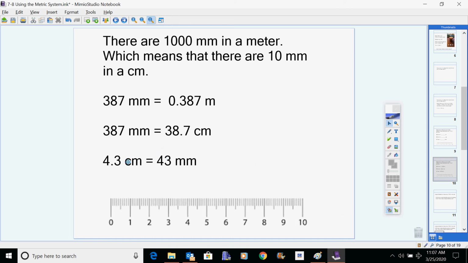Okay? So then you need to think it through and see if it makes sense. Well, these are smaller pieces than these. So it should make sense that you have more of the smaller pieces than the bigger pieces. Same with this. Millimeters are smaller. They're the little guys. Smaller than the centimeters. So it should make sense that there are 43 of these when there's only 4.3 of these.